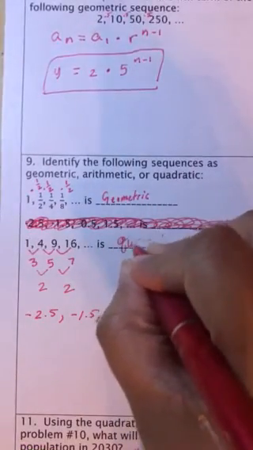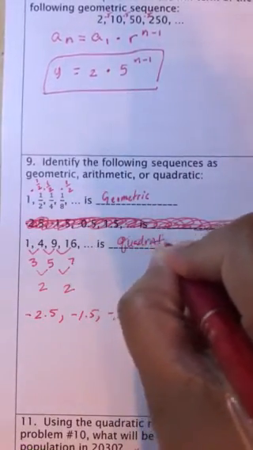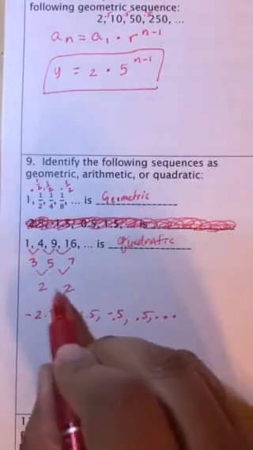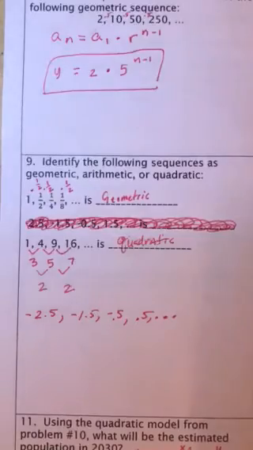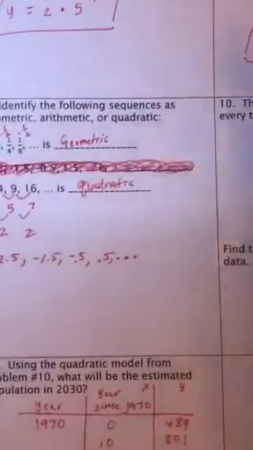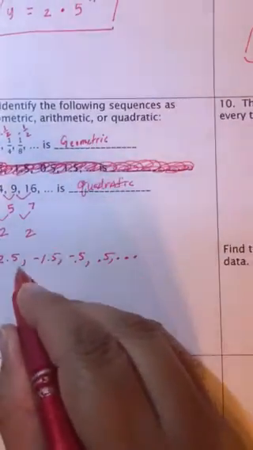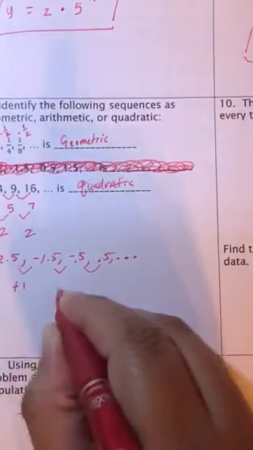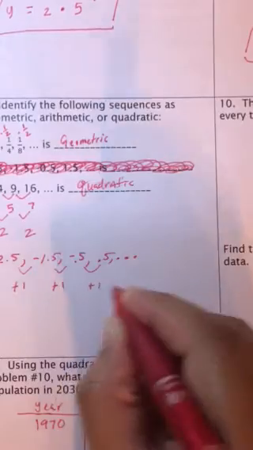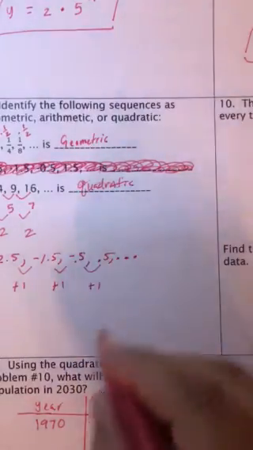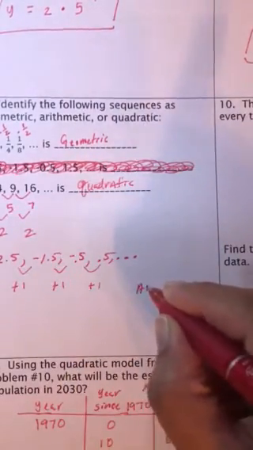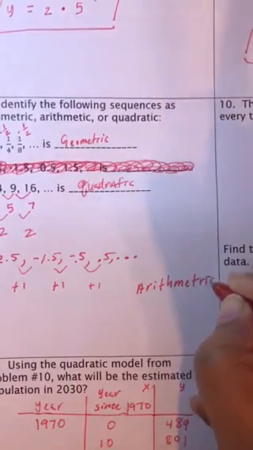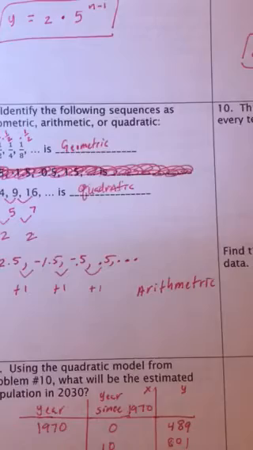Quadratic. And the reason I know that is because the second change is the same. Now on this last one, this is arithmetic because it's increasing by 1 every time. So if the change is the same, then you need to know that it's arithmetic.